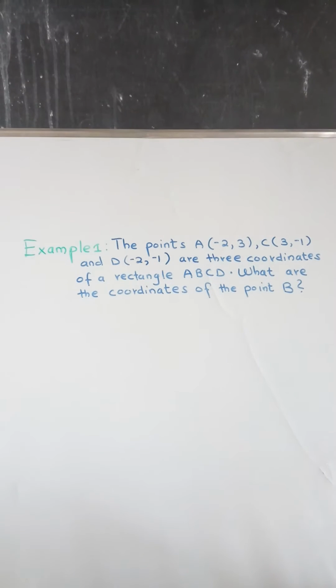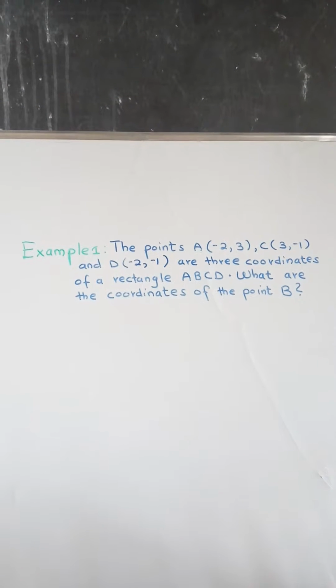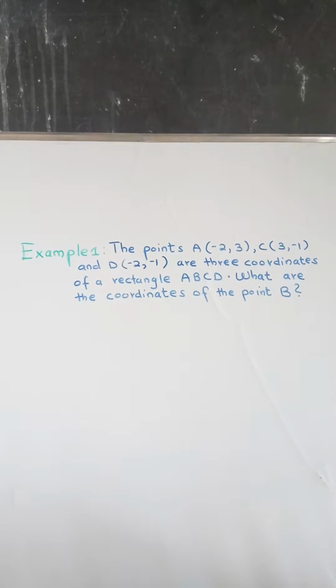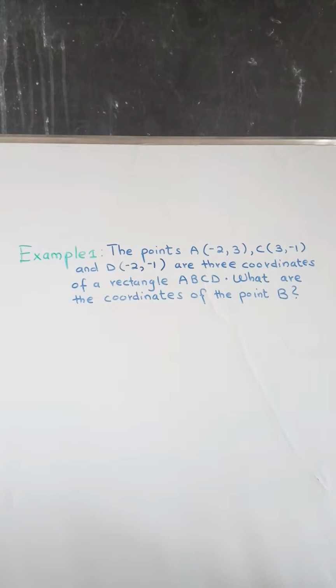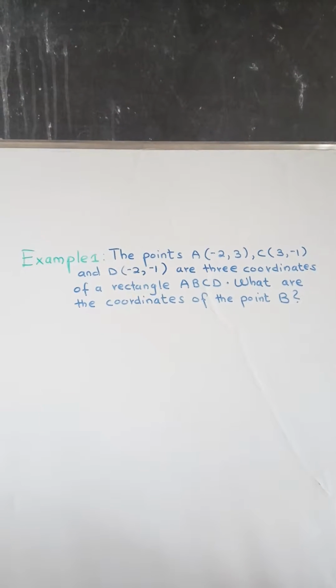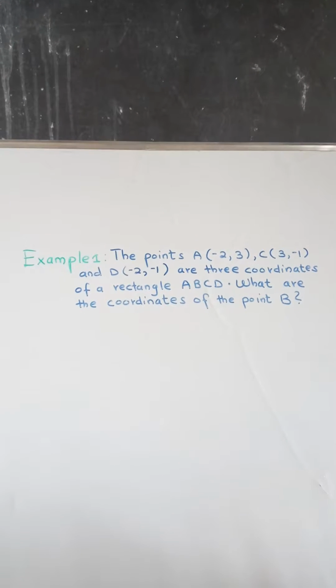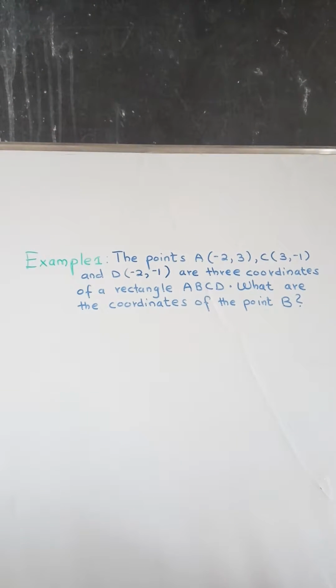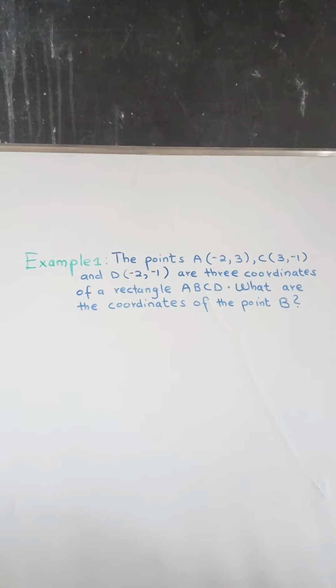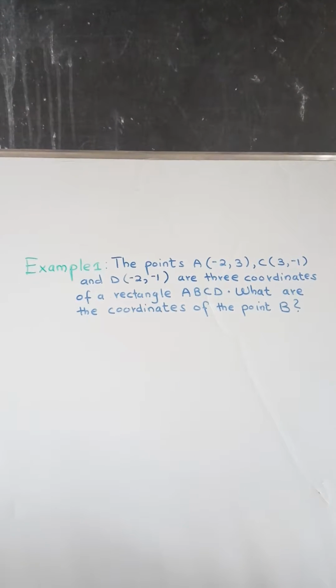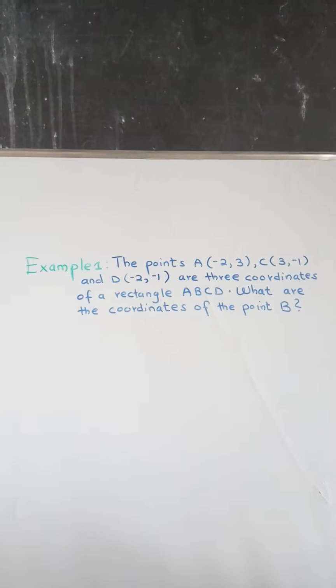Example number 1. The points A, which is (-2, 3), C, which is (3, -1), and D, which is (-2, -1), are 3 coordinates of a rectangle ABCD.